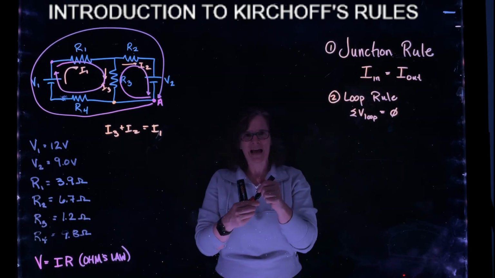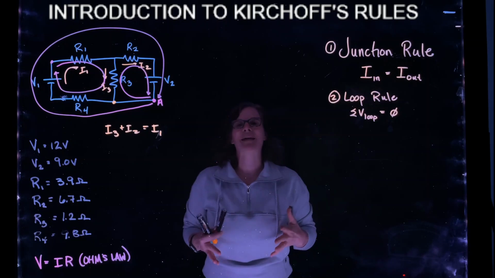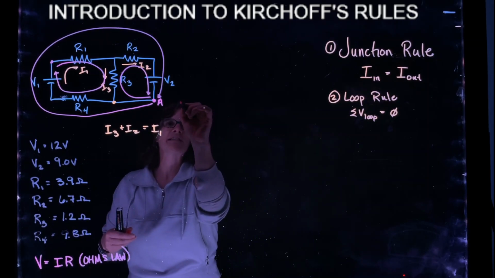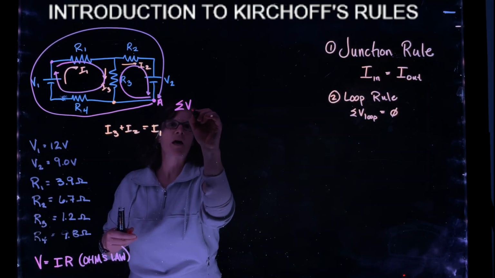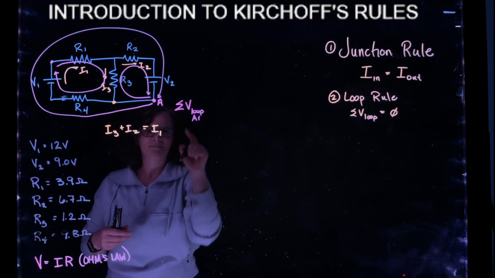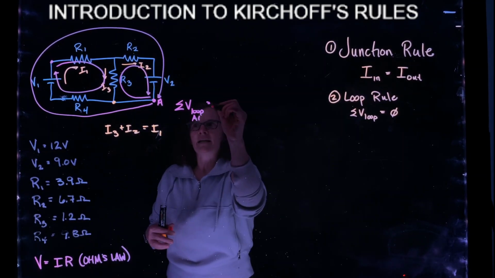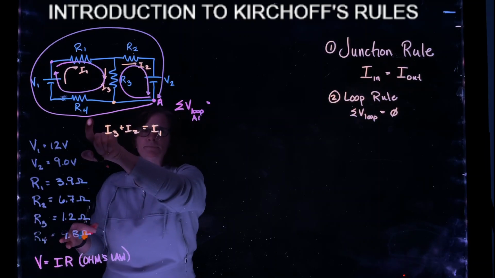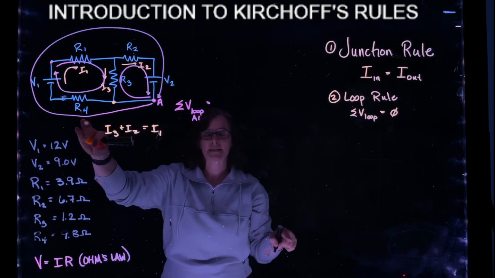So let's look at how this loop rule applies mathematically. All right, we're going to start with this first loop. So the sum of the voltages along loop A1, the big one. All right, so what is the first thing I encounter as I move along this loop? I encounter a resistor.